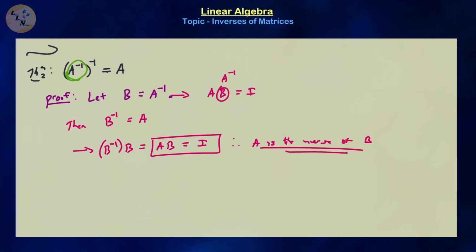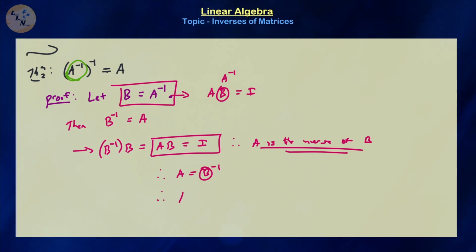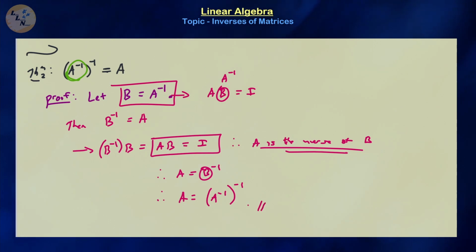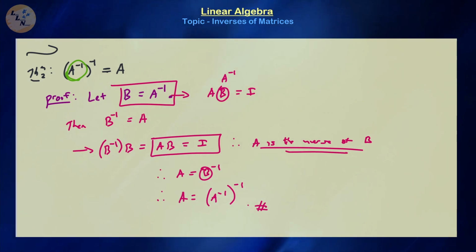So let's actually write that in words. That means A is equal to the inverse of B. But what exactly is B? Well, B was defined to be equal to A inverse. That means A is equal to the inverse of the matrix A inverse, which again is what we set out to prove. Right? So there's some very careful wording and careful logic that you definitely have to watch when you're working through that particular proof.